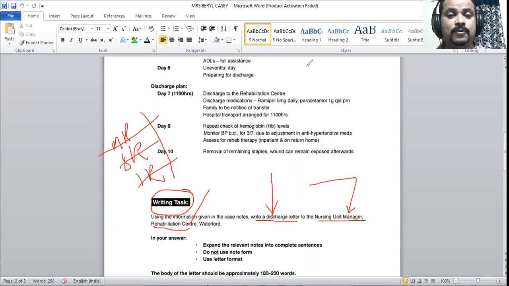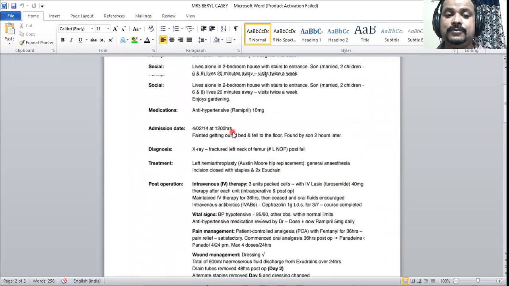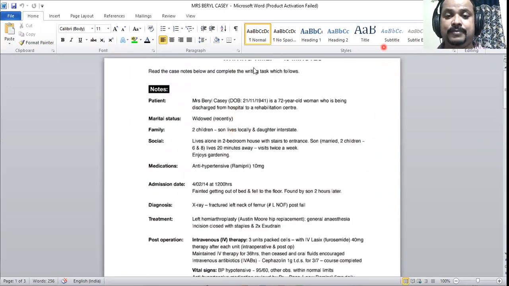Right now, we move back and see what exactly the case is, what we can understand from these things. Now you can see the patient name here, Mrs. Beryl Casey, and she's 72 years old. And now she's discharged from hospital to the rehab center.